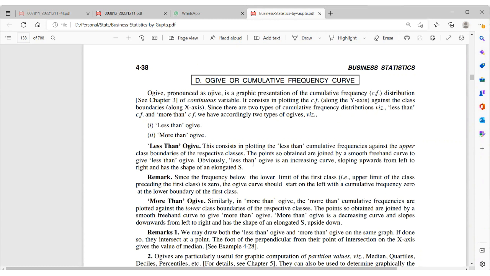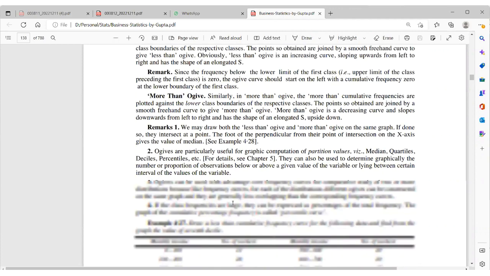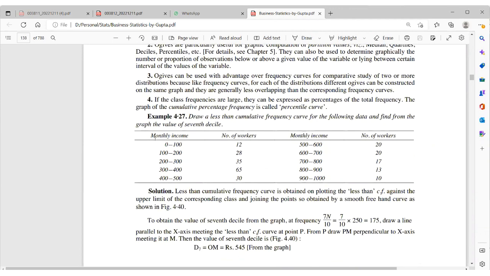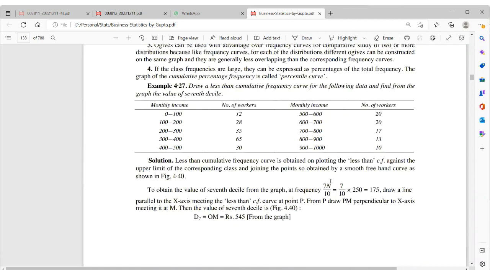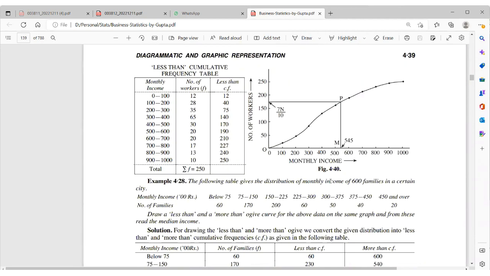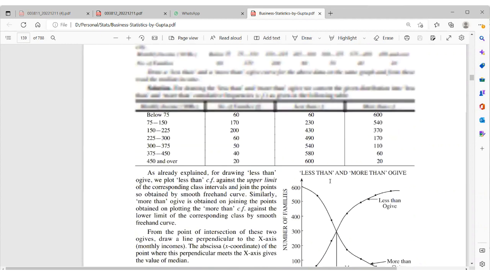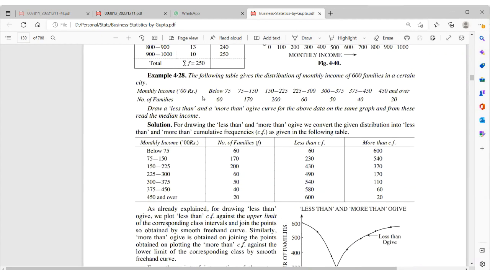In a similar way, there are two types of ogive curve for the similar distribution. We have made the less than and more than cumulative frequency. See, the example is given, right?